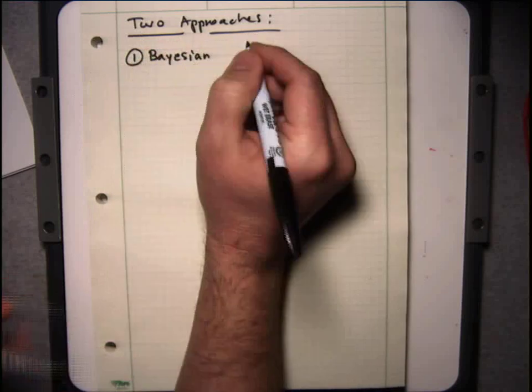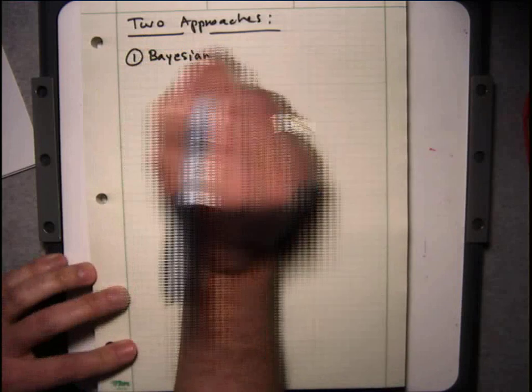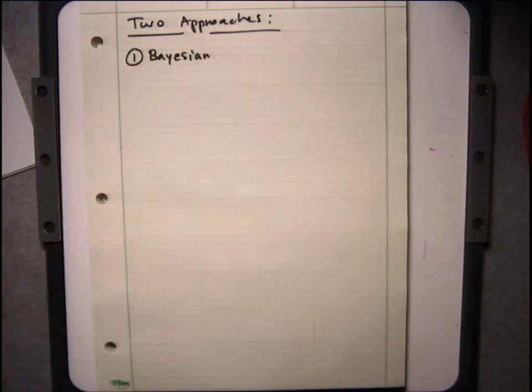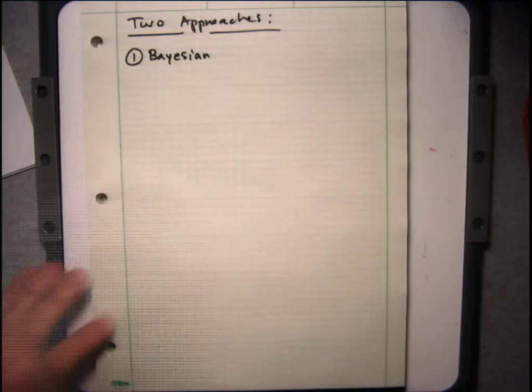One of them is what we call the Bayesian approach. And the idea here is that you're going to take your unknown parameters, but assume that you somehow have some probability density function for those unknown parameters. So this is like we did before, right? When we did maximum likelihood, we assumed we didn't know anything about the parameter. When we did maximum a posteriori, we assumed we had a probability density for the parameter. So here we do the same thing.